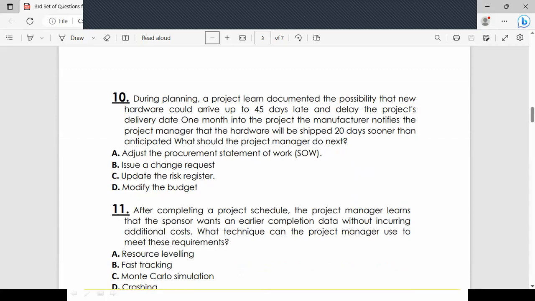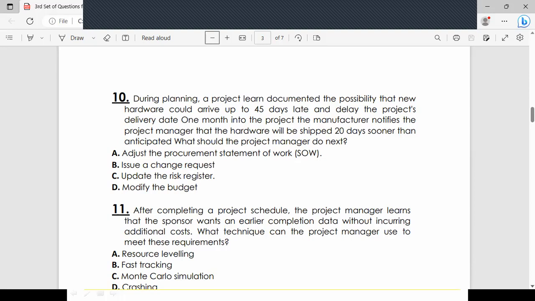Update the risk register. He can't issue the change request. No, it's happened, right? The shipment was anticipated to be done in 45 days, and based on that you were able to give the dependency for each and every task. Correct. And right now it's 20 days.